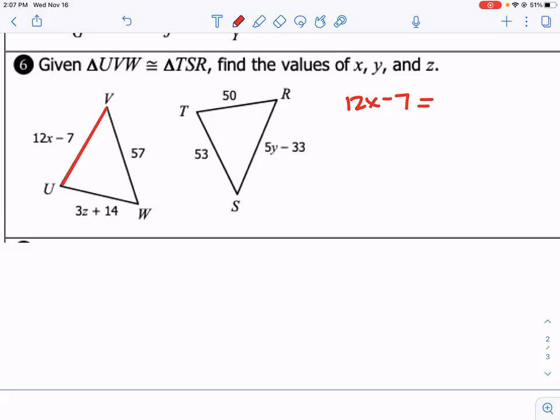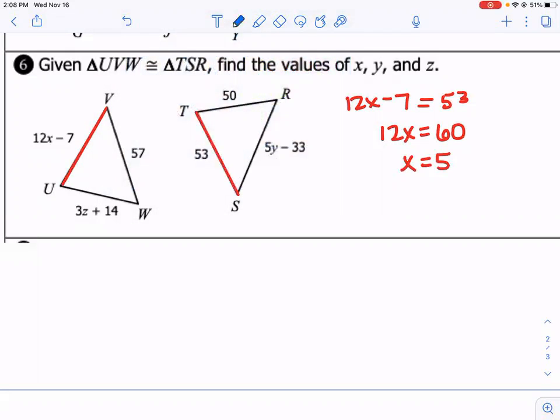What side does UV correspond with in this triangle? Corresponds to 53. Is he correct? Does TS correspond with UV? Yes. Okay, so x equals 5.